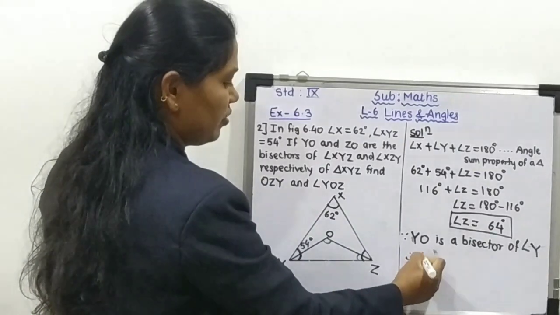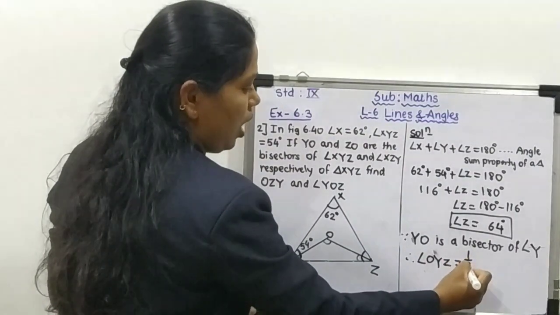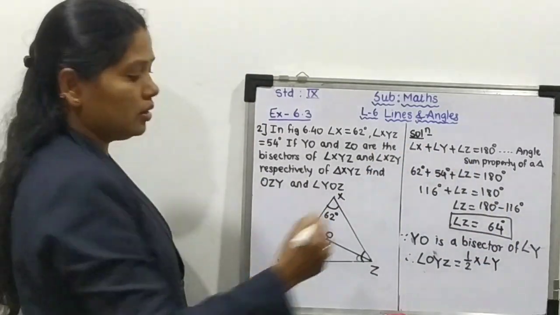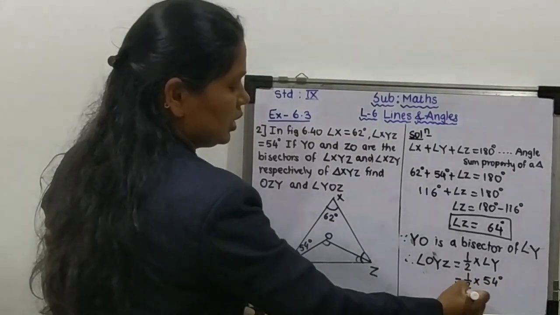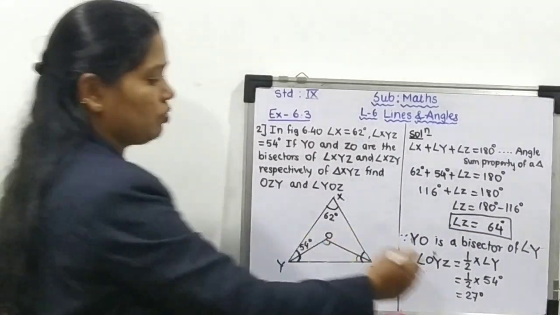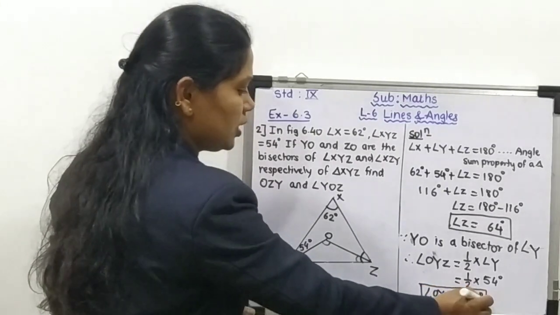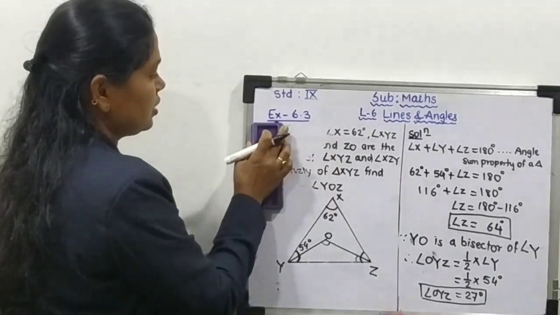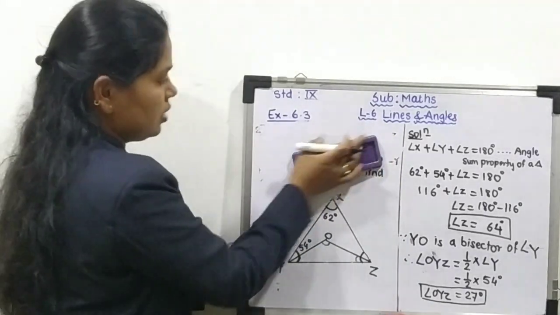That's why, therefore, angle OYZ equals to half of angle Y, right? So half into 54 degree, which is equals to 27. 2 से divide कर दो 54. So we will get 27. Angle OYZ we got 27 degree. Understood this one?